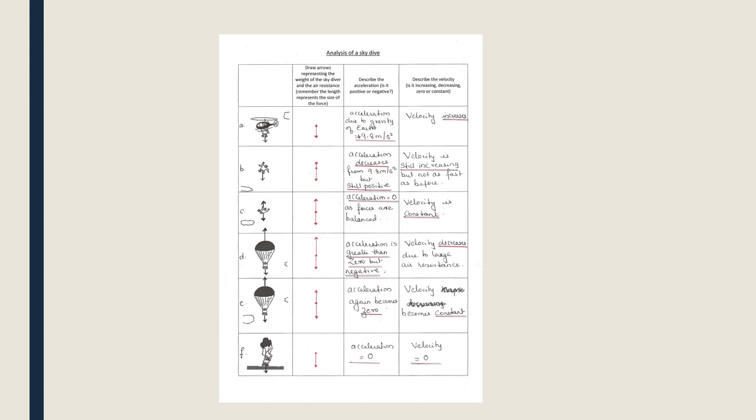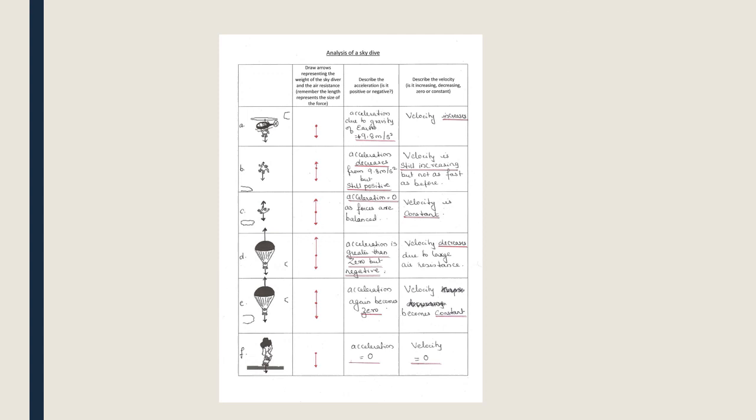So in part D, when the velocity decreased, the air resistance also decreased. So what happens in stage E is, between D and E, the velocity started to decrease, the air resistance also started to decrease, and then at E, the air resistance becomes equal to the weight for the second time. Okay? So again, the forces are balanced, they are equal and in opposite directions. So the acceleration also becomes 0 for the second time.